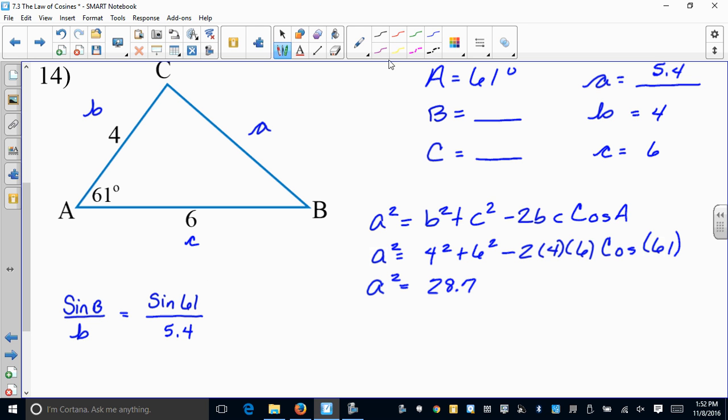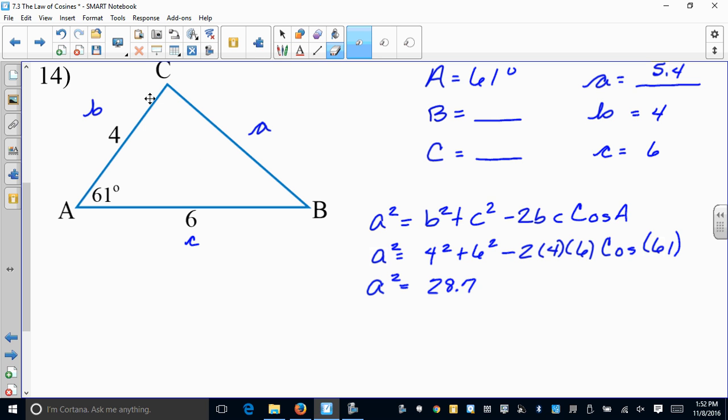Well, let's fill in that little b, because I should have done that anyways. Little b is 4, so let's fill that one in. Let's try it again.